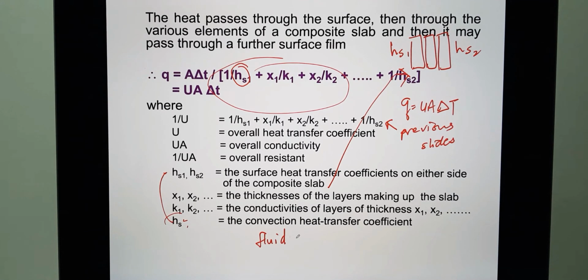When I talk about fluid, this one involves gas, gas is considered as fluid, liquid, and powdery material that behaves like fluid. Okay, powdery material, for example, flour. When you pour flour, you can see that the movement of the flour is almost similar to pouring water. So when we talk about convection, it's always dealing with fluid.